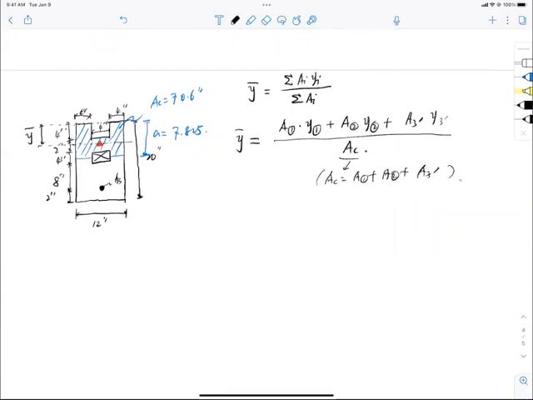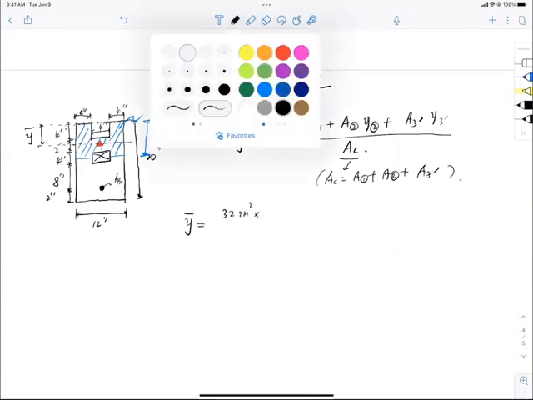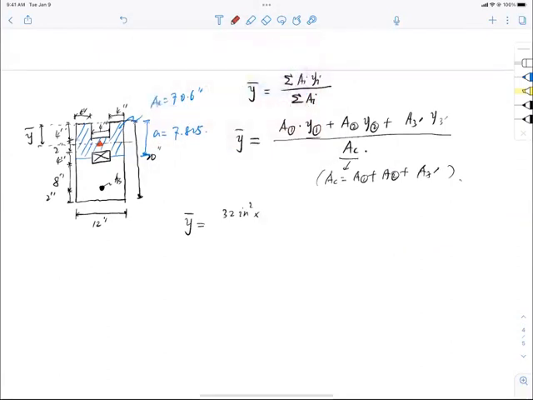So I'm going to use this equation. Y bar will be A1, which I just calculated as 32 inch squared, and the distance Y1 is from the center of the little extrusion to the top of the section, so that is 4 divided by 2, 2 inches.